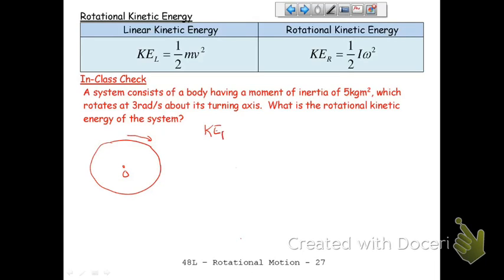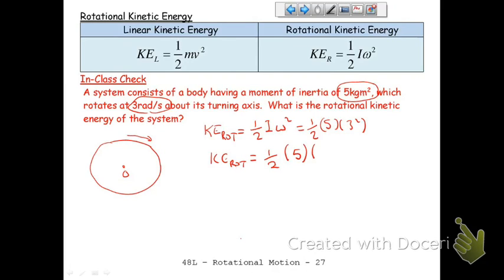KE rot is equal to 1/2 I omega squared, which equals 1/2 times 5 times 3 squared. That is 1/2 times 5 times 9, which is 45, and 1/2 of 45 is 22.5 joules.